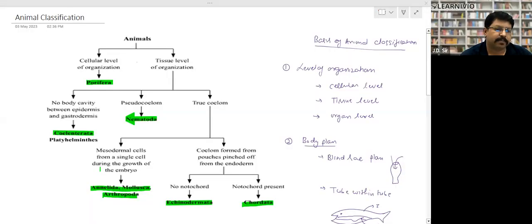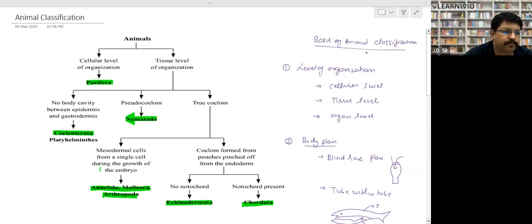Look, animal kingdom is animal classification, like the plant. In the plant, as you have seen, there were a few classes: algae, bryo, pterido, gymno, and angio. There were 5 classes only. Here, in place of the class, we use the term phylum, right? So animals have been divided into 10 phyla, right?